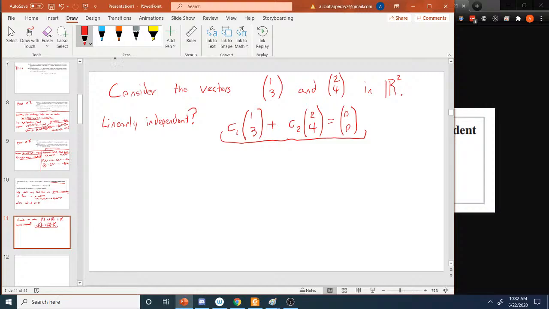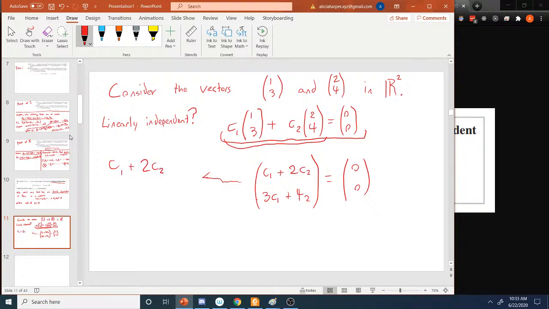So let's unravel this a little bit. This thing right here is the same thing as C1 plus 2C2, and this thing down here is the same as 3C1 plus 4C2. And we're demanding that this is equal to the vector 0, 0. So this is the same thing as the linear system: C1 plus 2C2 is equal to 0, 3C1 plus 4C2 is equal to 0.